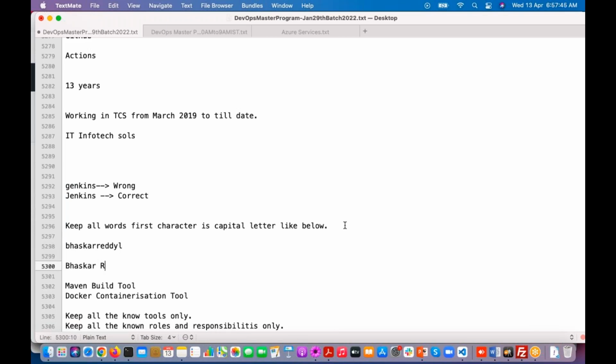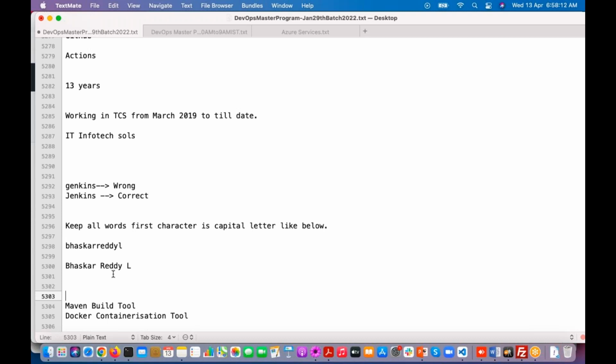If I write like this one, how good it looks, right? This is very easy. You can read it, right? The readability is better than the other. So each word's first letter should be a capital letter.